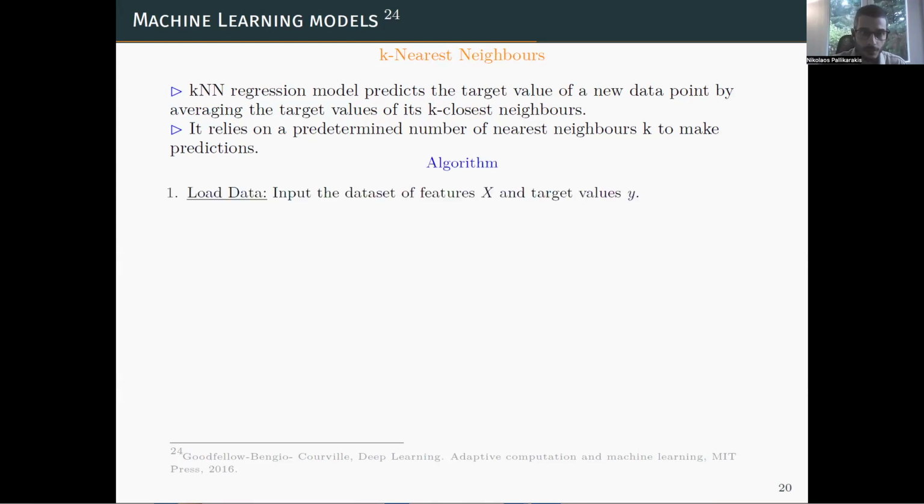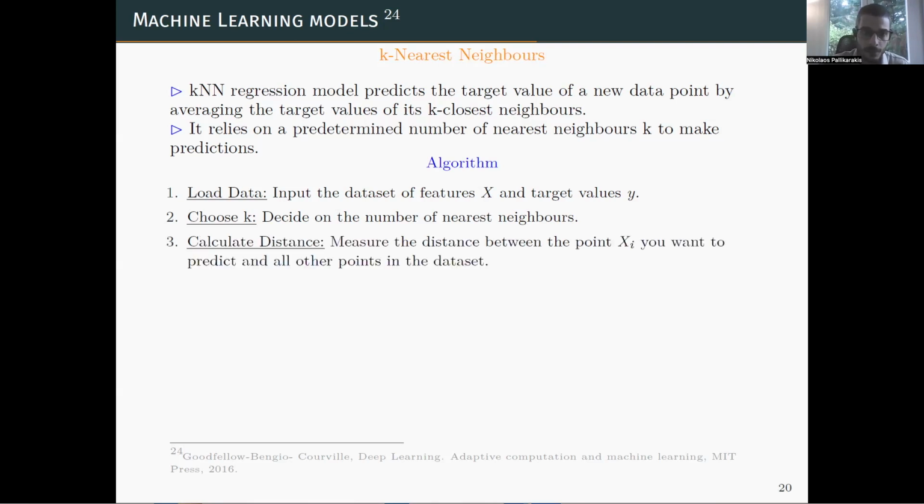The algorithm is quickly the following. We first load the data, which are our features x and target values y, which for us, as I said before, will be the eigenvalues together with the target potentials or refractive indices. We choose a k, which is usually a small number, maybe 3 or 4, but this is also a hyperparameter that must be optimized, either by trial and error or other methods, to pick the best k.